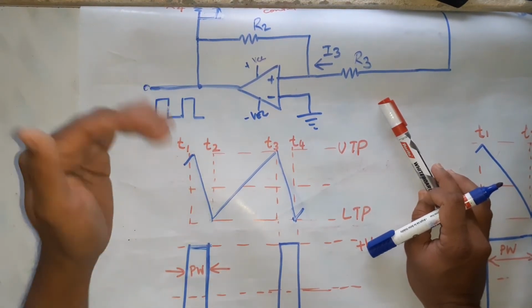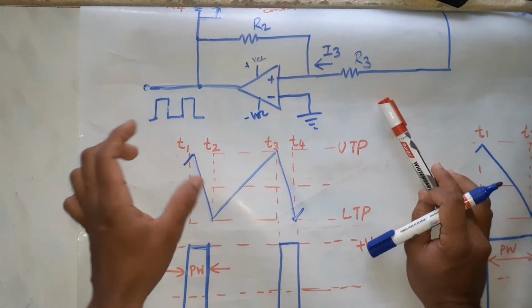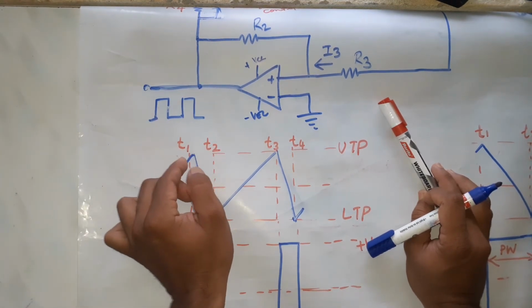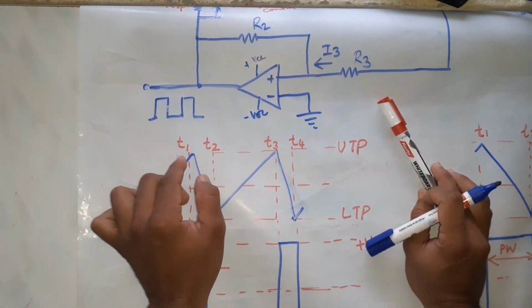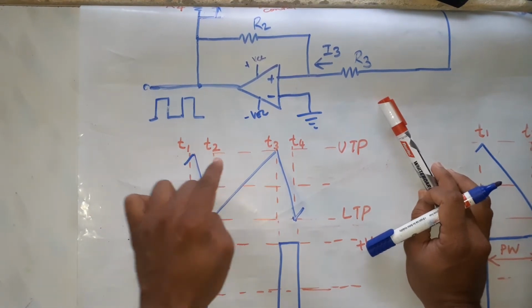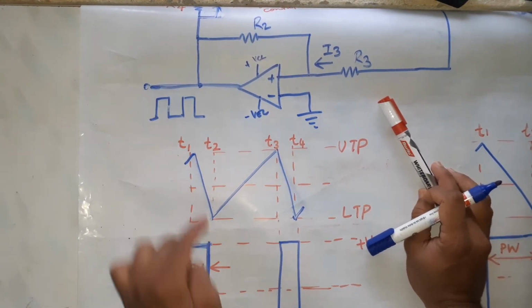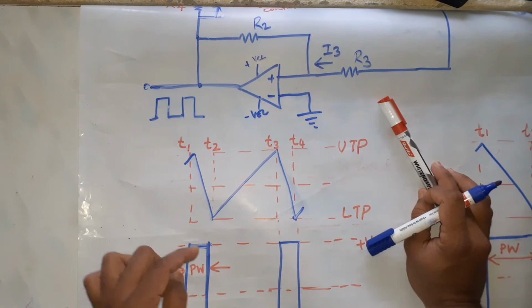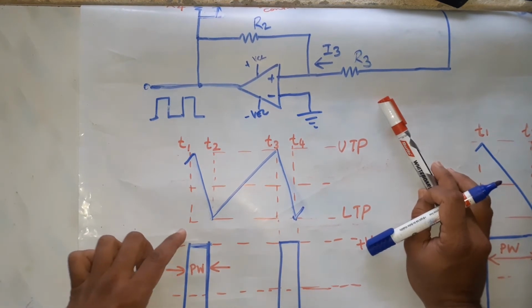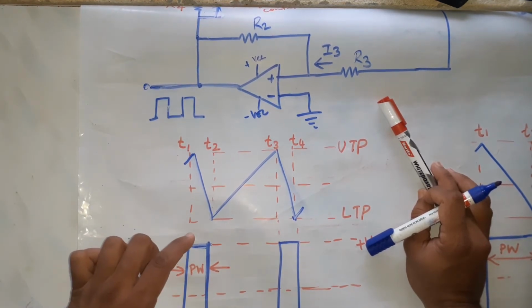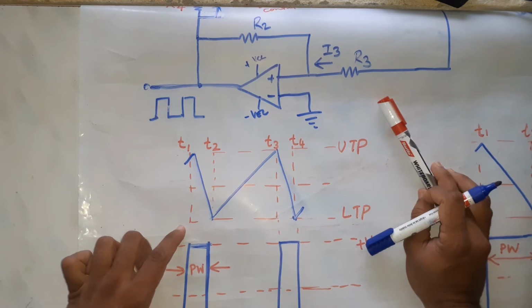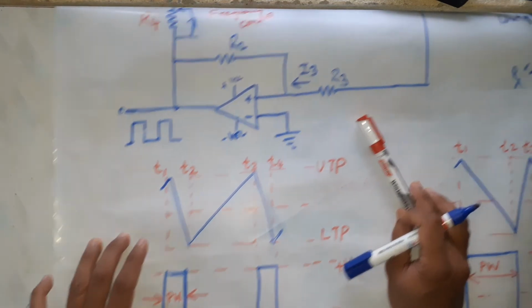So this will charge your capacitor very quickly in a very short time. See how the time is short between T1 and T2, isn't it? So the charging of the capacitor is very quick. So this will give you a pulse width of narrow width. T on is of narrow width.